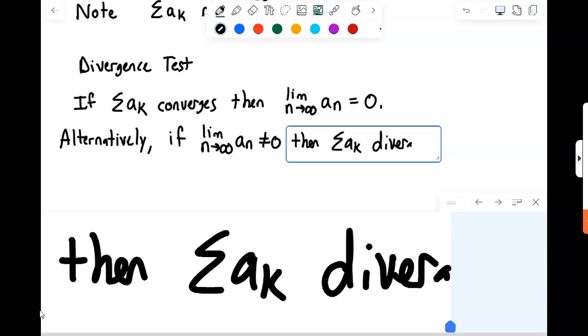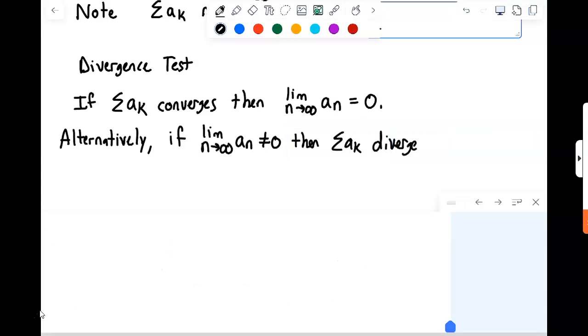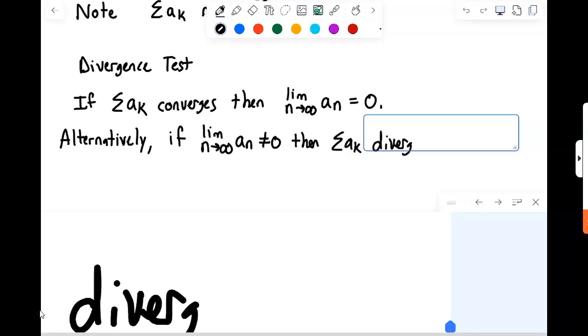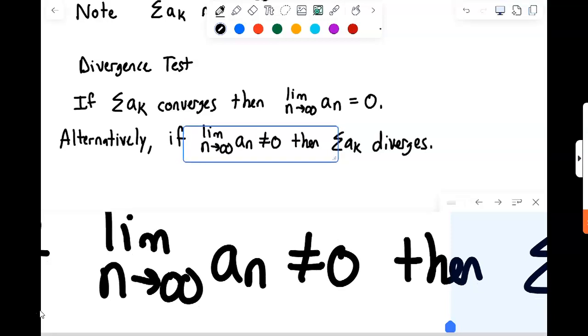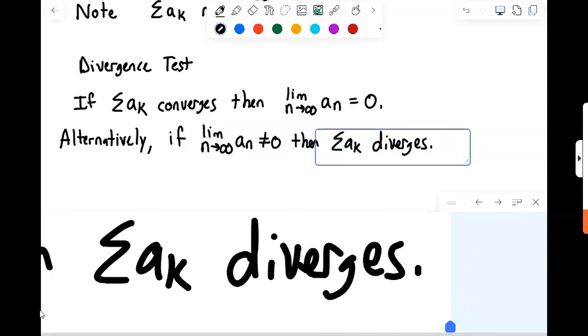And that's the divergence test. That's the divergence test right there. We look at the limit of the underlying sequence to see if it goes to 0. If it doesn't go to 0, we know it diverges.